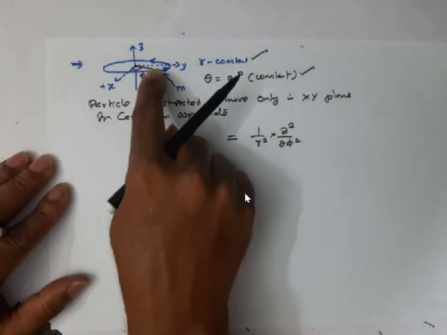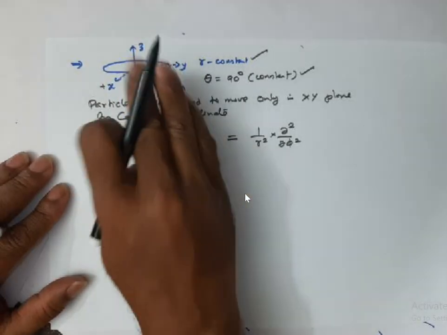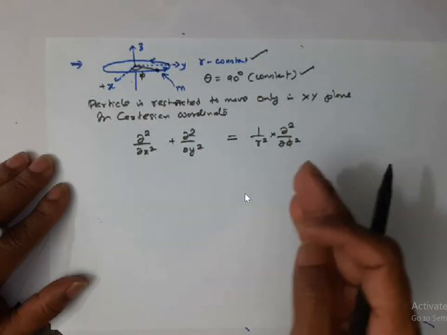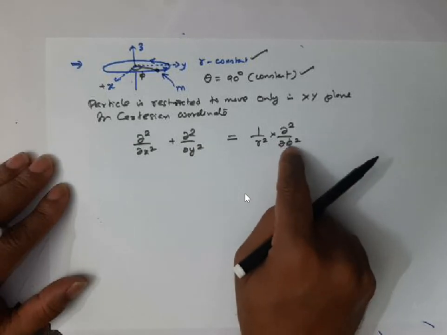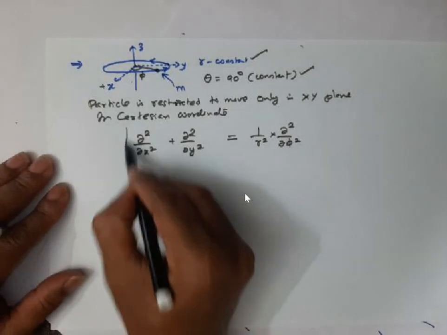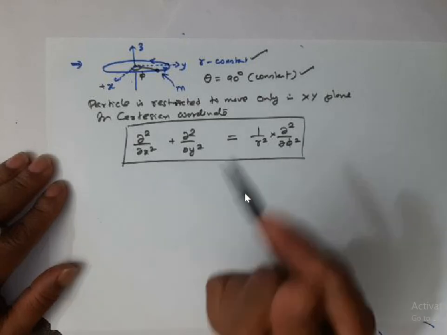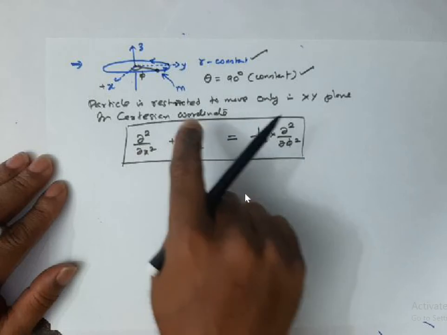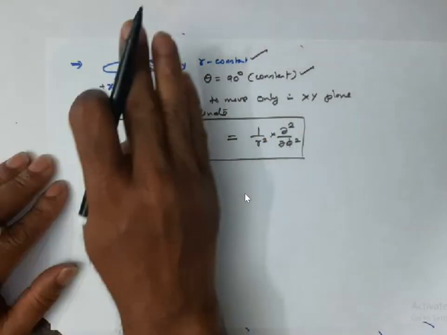See, since it has circular symmetry, if you change the Cartesian coordinates into spherical polar coordinates, you have an advantage. What is the advantage? Here the function depends on two variables, whereas here the function depends on only one variable, that is phi. Keep this in mind. If a particle is moving on a ring with constant radius, and if the ring remains in one particular plane, say for example the XY plane, that means the axis of rotation remains the same.